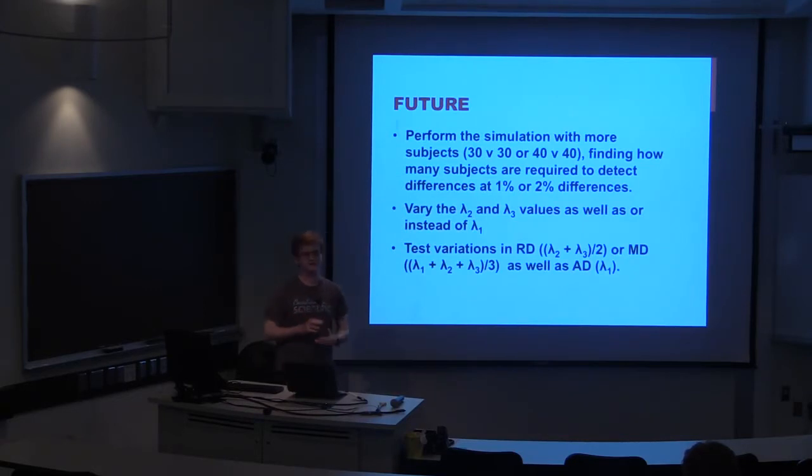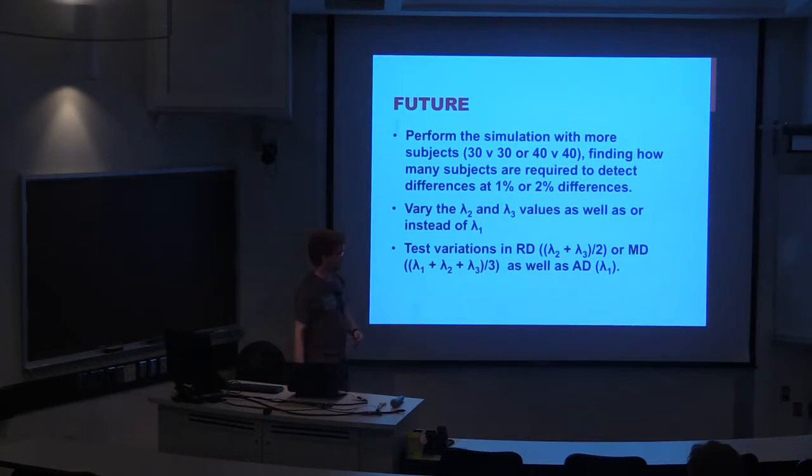The future work of this, of course, is trying this out with more subjects, increasing the number of subjects to 30 or 40 or 50, and finding out how many subjects are necessary so that it can successfully detect much lower differences between them.